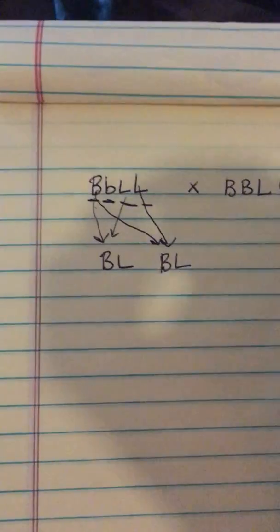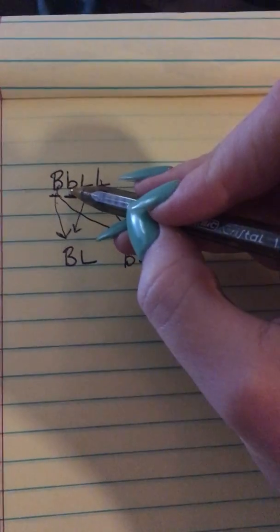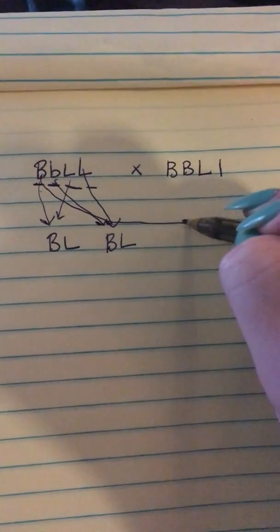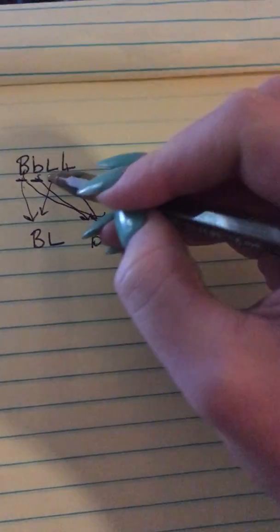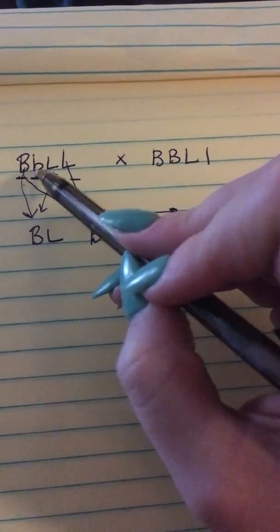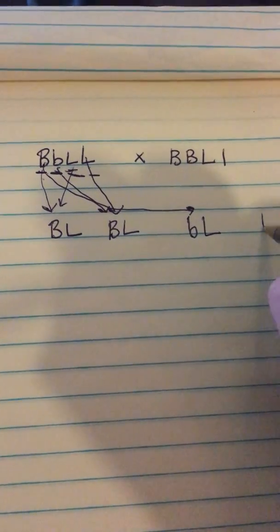They could give this big B, this big L. Sorry, it's hard for me to film and write at the same time. They could give this little b and this big L. So those are the 4 possibilities for gametes for parent 1.